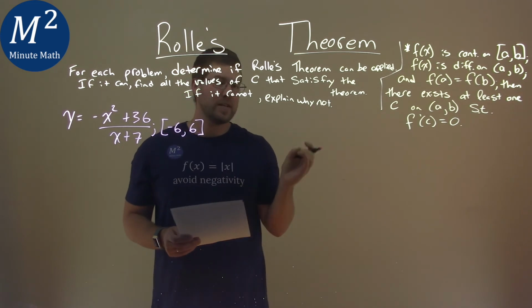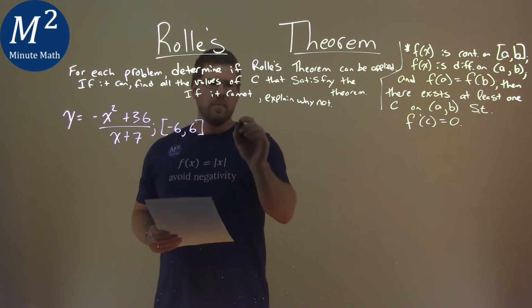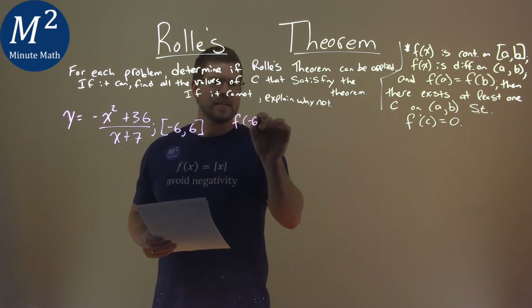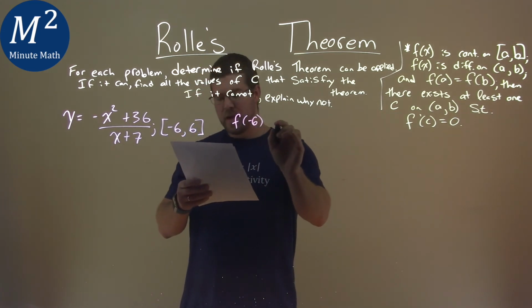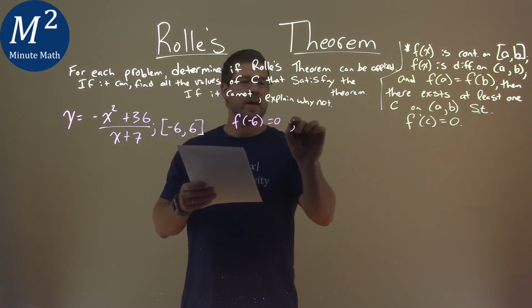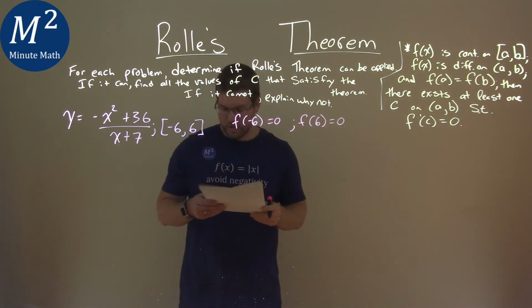Same thing where it's differentiable. -7, sure, outside the interval, we're good. But what about f of -6? Is it equal to f of +6? And I found these values for you, and f of -6 is equal to 0, and f of +6 is also equal to 0. So we're good there.